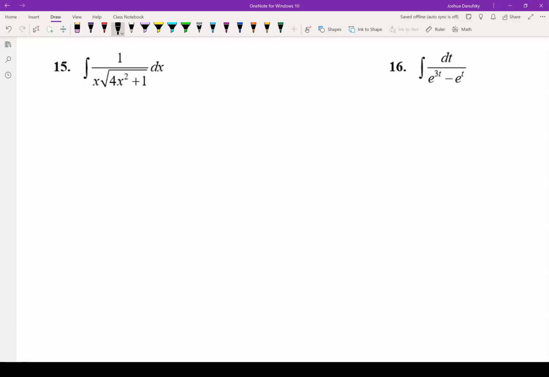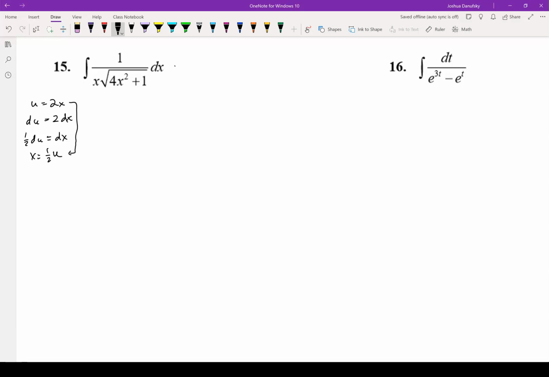So let's first set u equal to 2x, du is equal to 2 dx. So half a du is equal to dx. We also notice from this that x is equal to 1/2 u.